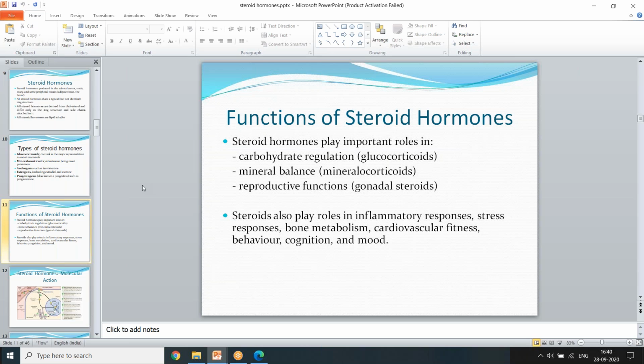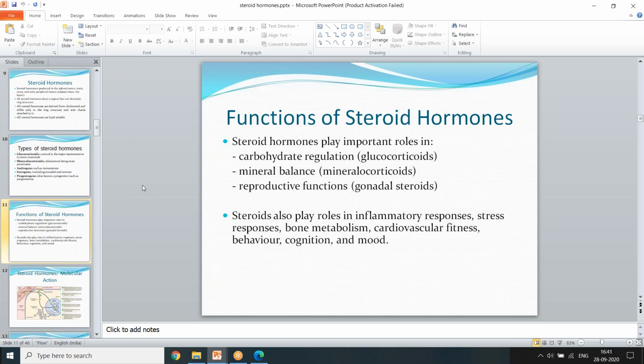The mineralocorticoids, glucocorticoids, you will see, are also responsible in inflammation cases. Whenever there is stress, whenever there is inflammation, whenever there is injury, you will see that you can control the levels of these hormones and you can help in the process of inflammation.